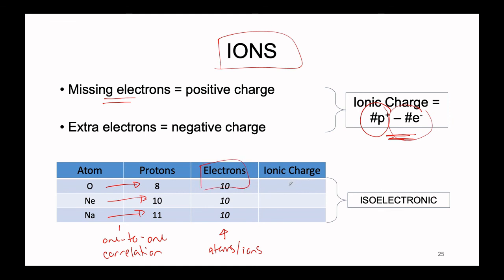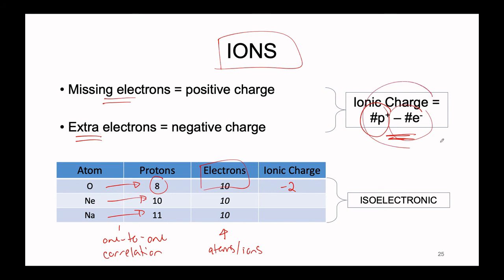Well, the ionic charge then, we can see that there are 2 more electrons than what there should be based off of how many protons we have. Therefore, the ionic charge has to be equal to -2. Negative because we have too many electrons, -2 because exactly 2 too many electrons.